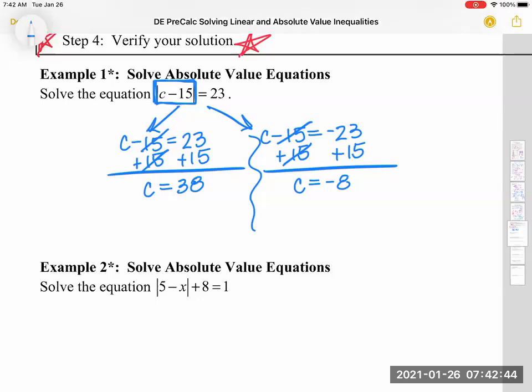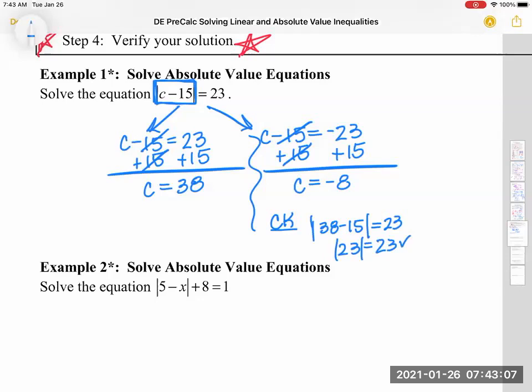All right. Yeah, we need to check them. So check when you plug them in. So go back to the original, put the absolute value bars. Okay, that's important. So 38 minus 15, when you take the absolute value of that, is that 23? Sure is. Absolute value of 23 is 23, so that's good.